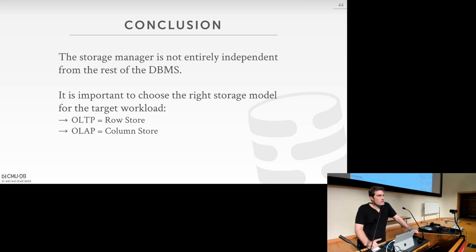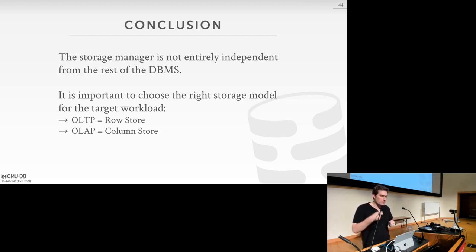So just to wrap up, I have been talking about a DBMS as having a stack comprised of independent pieces. As we've seen, they're not entirely independent, and sometimes you need to know about certain other layers in the stack. For example, the storage manager might need to know about the higher level application pieces in order to pick n-ary versus DSM versus some other partitioning strategy.